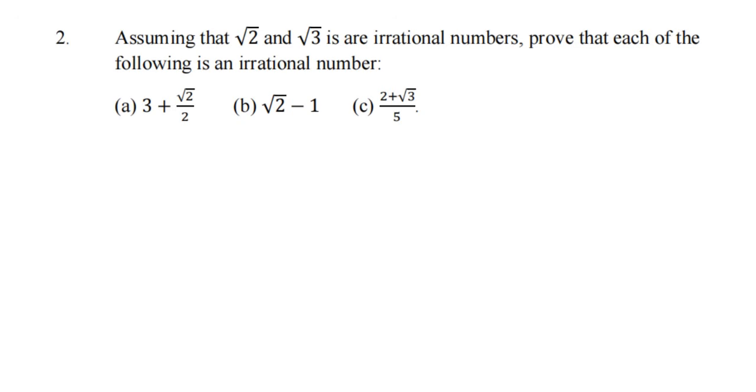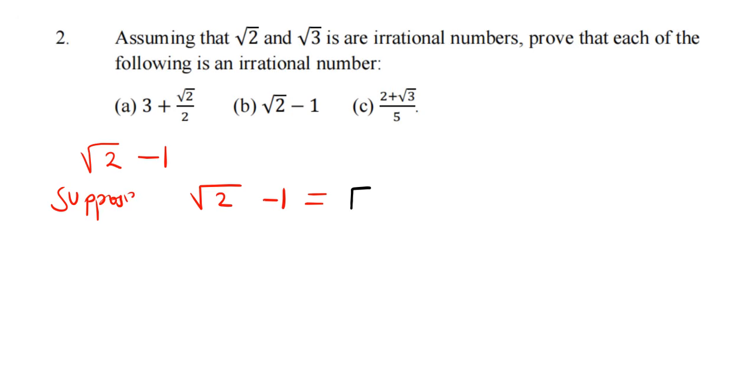Let's solve b. For b, we are saying the square root of 2 minus 1. Now again we're going to suppose that this expression, the square root of 2 minus 1, is going to give us a certain answer. That answer we're going to call a real number, so I'm going to put just r there.